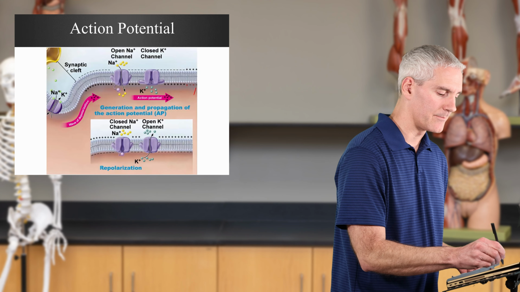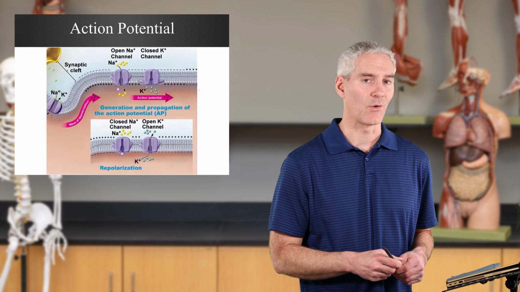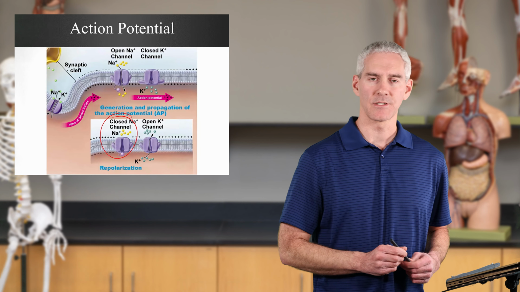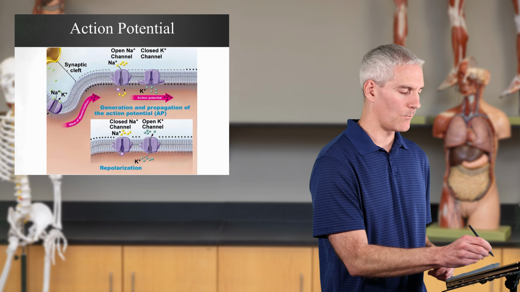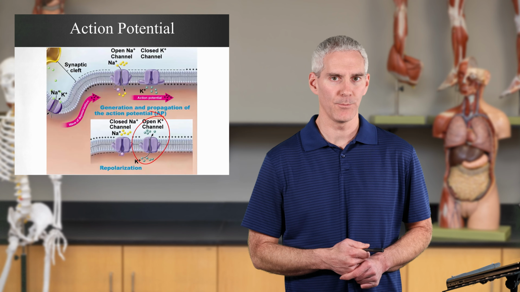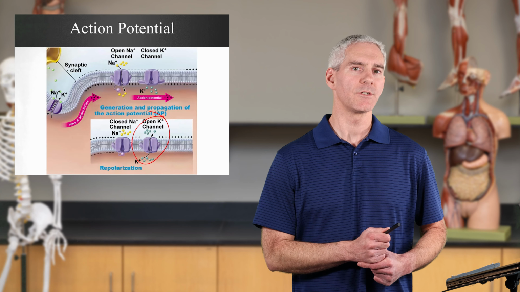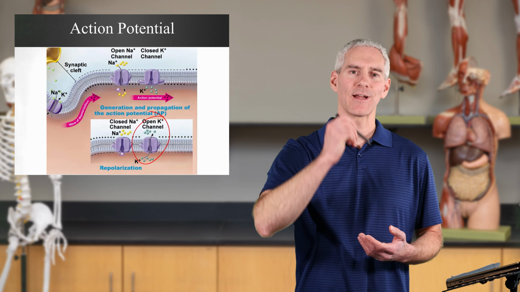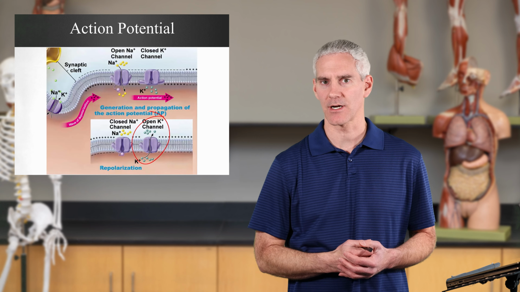But at the same time, you then have to make sure that as that sodium moves out of there, you close the sodium channels. And when they close, the voltage-regulated potassium channels can open. Those voltage-regulated potassium channels open right at the top of your action potential, at that positive 30 charge.